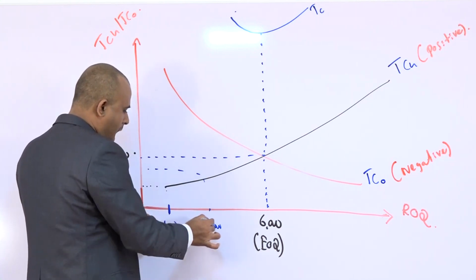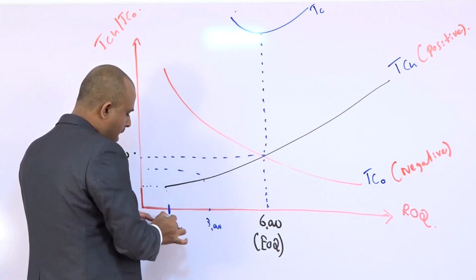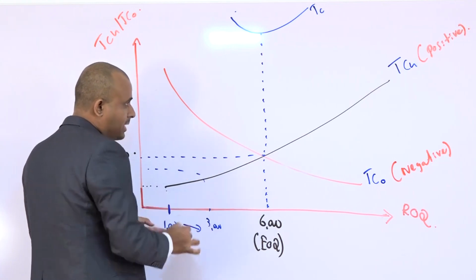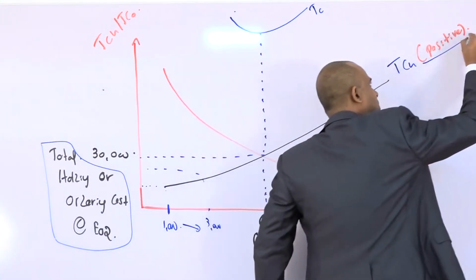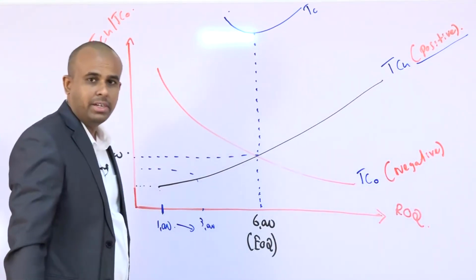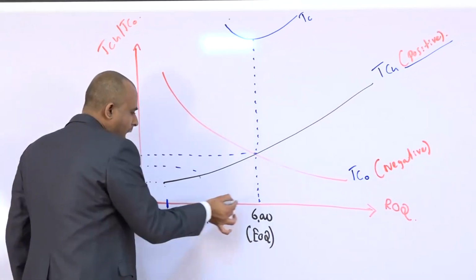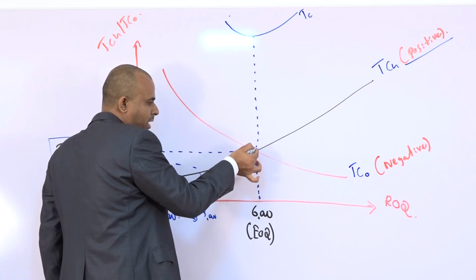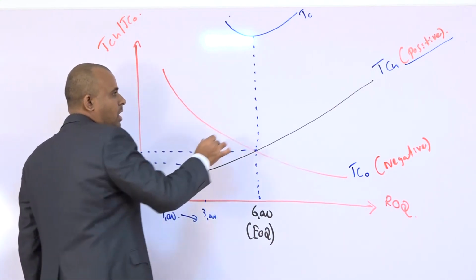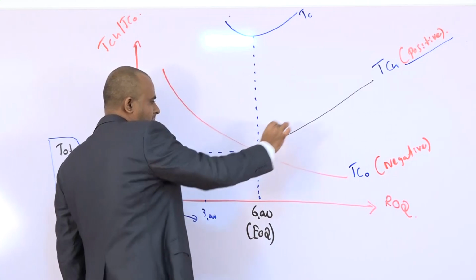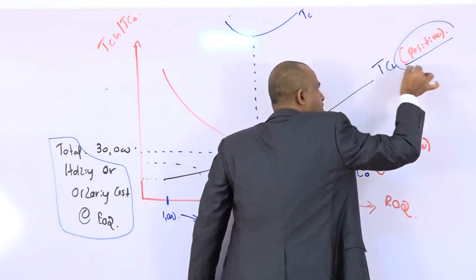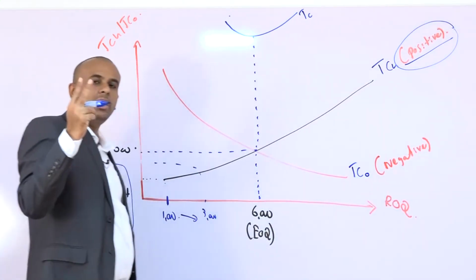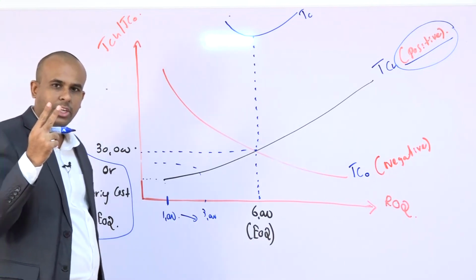ROQ and this curve has what relationship, Putha? A positive relationship. When the ROQ increases further, it has now increased to this point. Therefore, ROQ and this curve has a positive relationship.